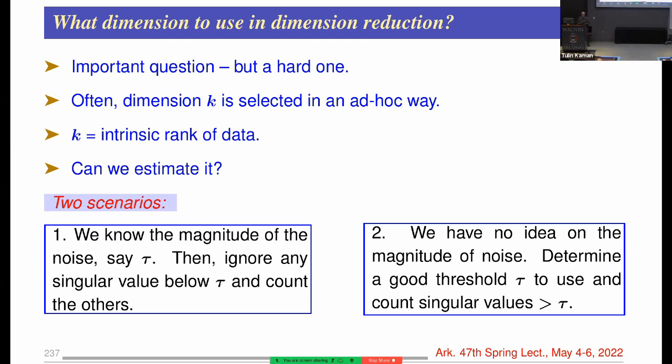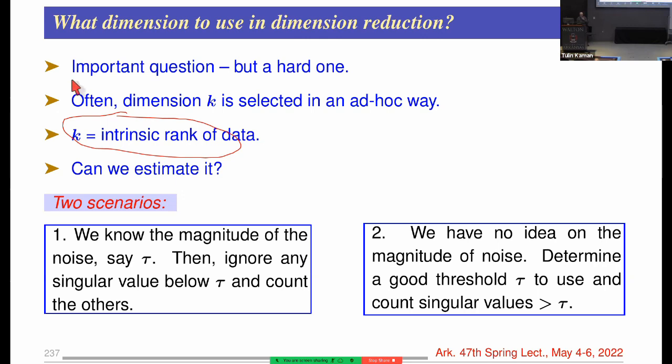What dimension should I use? Often this is done in an ad hoc fashion. The actual optimal K is the intrinsic rank of the data. So you have your data, you have maybe 10 singular vectors that matter, the rest is garbage, it's just noise.